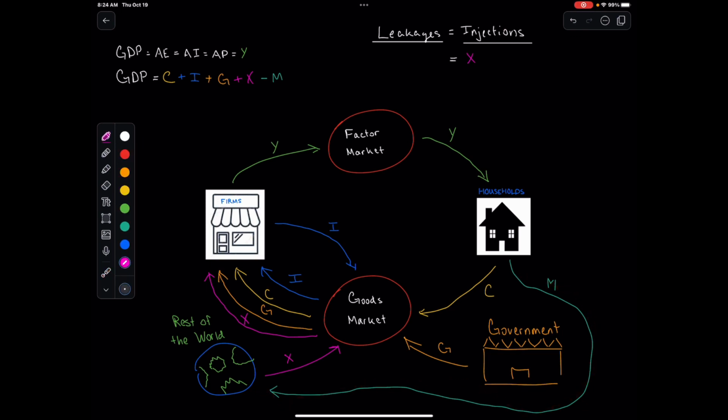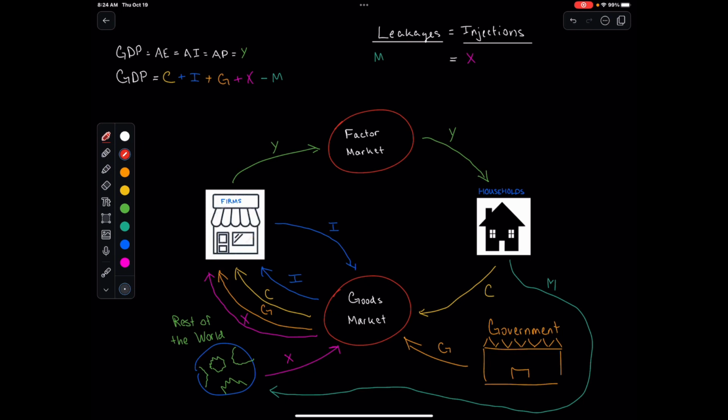So that is a leakage. So M for imports is a leakage. And you can see I'm writing all these variables up top to show you the relationship that I will further explain.